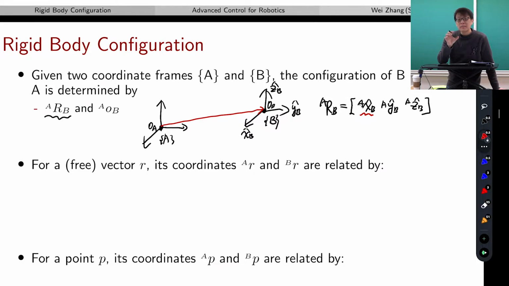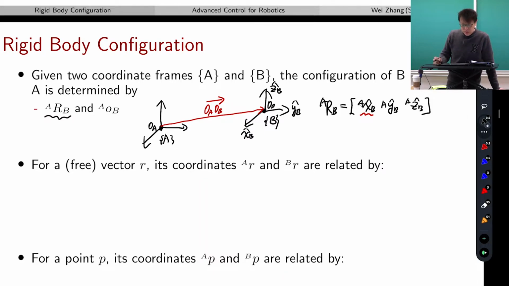I want to represent it in A, then I will have a coordinate in A. I can also represent this vector in B. That sounds a little bit weird, but it's fine. It will have a different coordinate. So O_BA is just this vector, from O_A to O_B, and I need to represent it in the A frame. That's a little bit of review and a little bit of emphasis on disconnecting coordinates or numbers from the actual physical meaning.